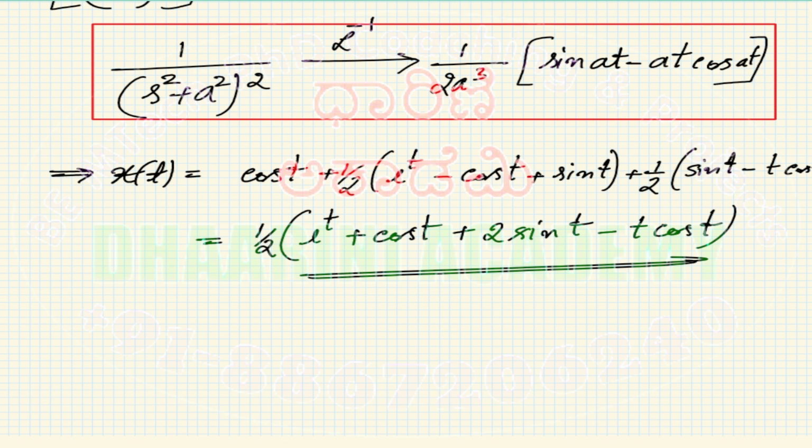So half anyway you are taking out, so sin t plus sin t is 2 sin t. So this is x of t, right?